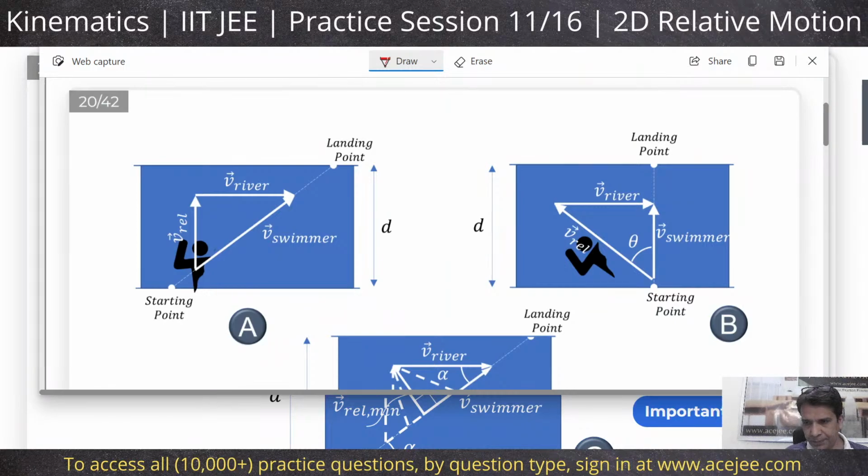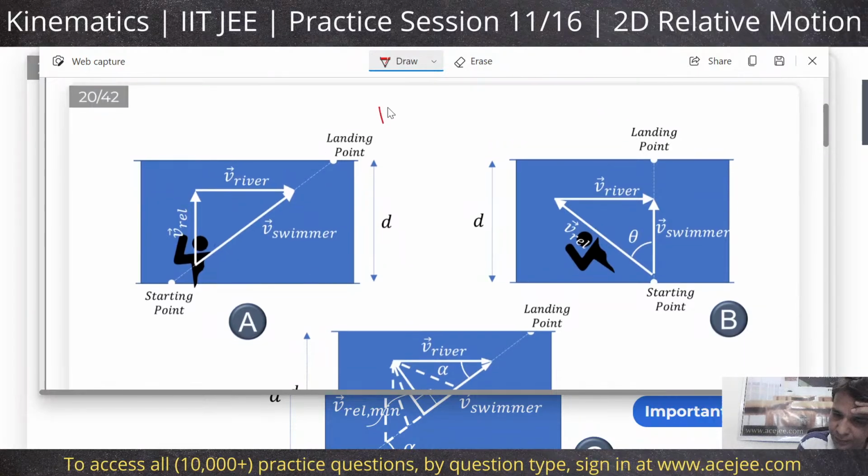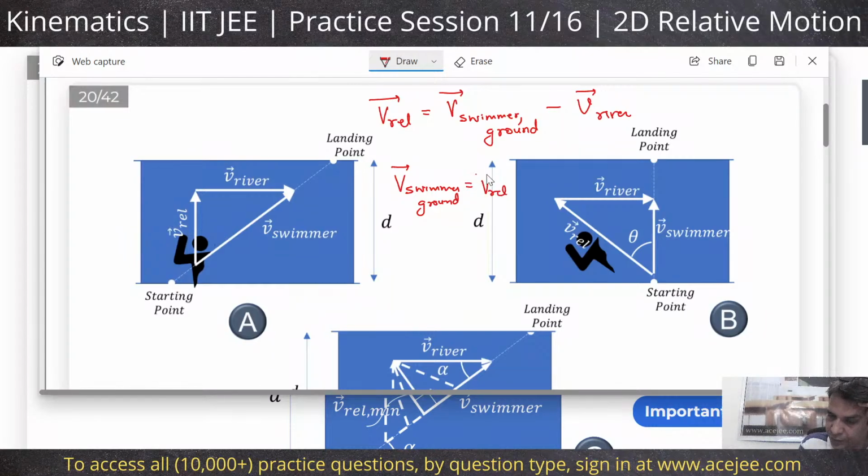So let me rewrite it. We recall how we defined V relative. Let's say V swimmer with respect to ground minus V river. In other words, the velocity vector of the swimmer with respect to ground will be the sum of these two vectors, V relative plus V river.